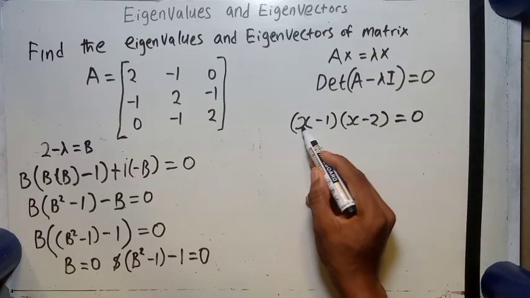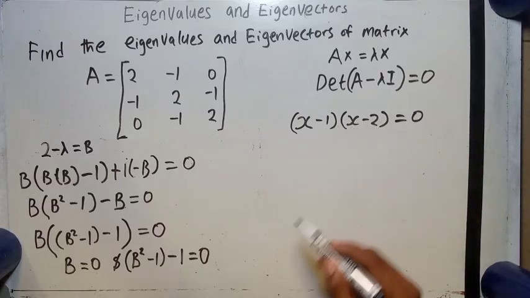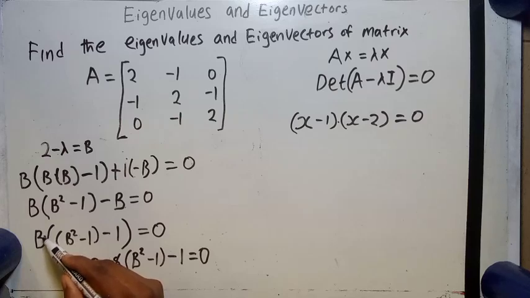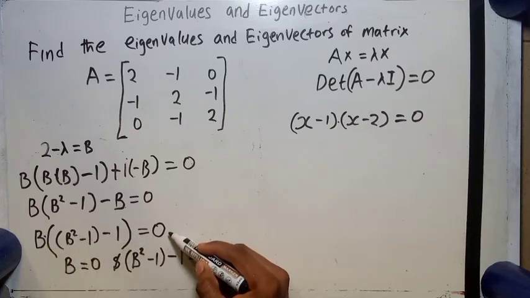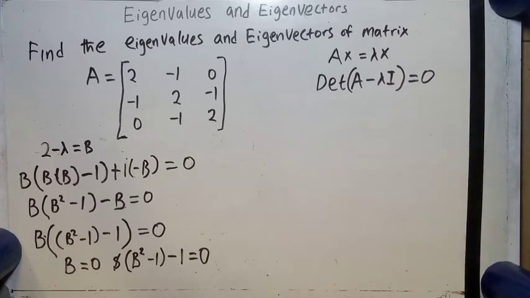They tell you that x minus 1 is equal to 0 and x minus 2 is equal to 0, because what is in between them is a multiplication sign. The same thing here, multiplication sign. So we can say the whole of this is equal to 0, and this is also equal to 0. I'm obeying this quadratic rule we normally use. Now that only works when it is 0. If it's not 0, it doesn't work.